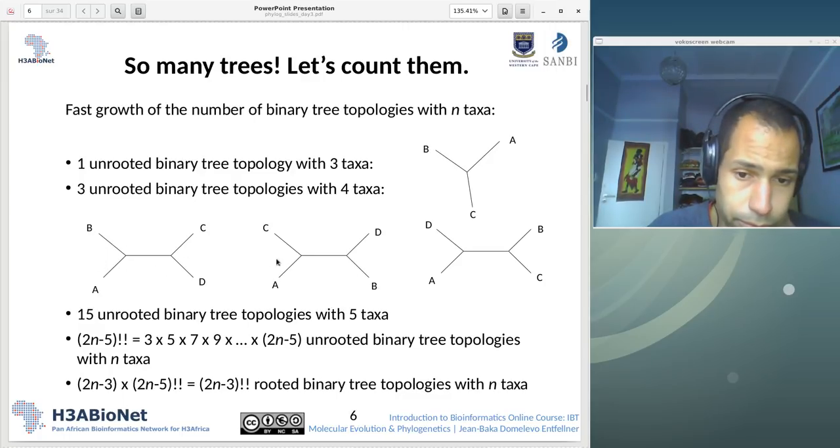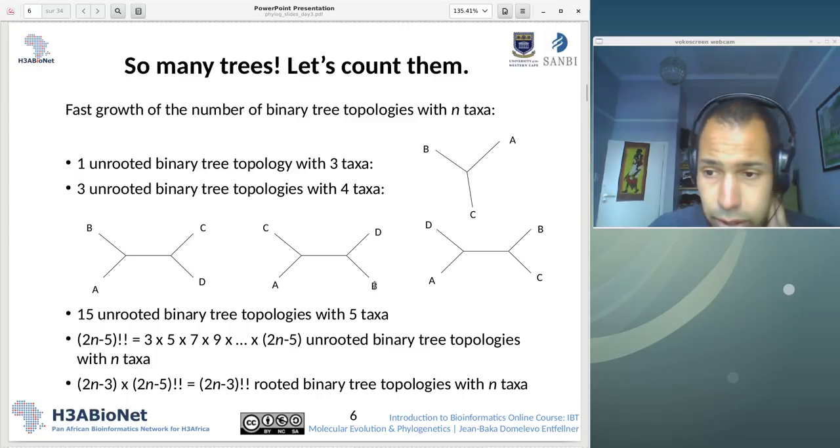So these 3 topologies are represented here. They are different, and to make sure about that, you can consider that every taxon has only 1 closest neighbor. The closest neighbor of one taxon is linked to that taxon with 2 edges.